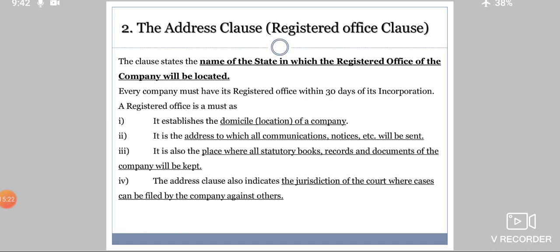That means all the important documents of the company will be kept at the registered office. And lastly, the address clause also indicates the jurisdiction of the court where cases can be filed by the company against others. It means that that particular place will come under which jurisdiction. This, the address clause will decide.